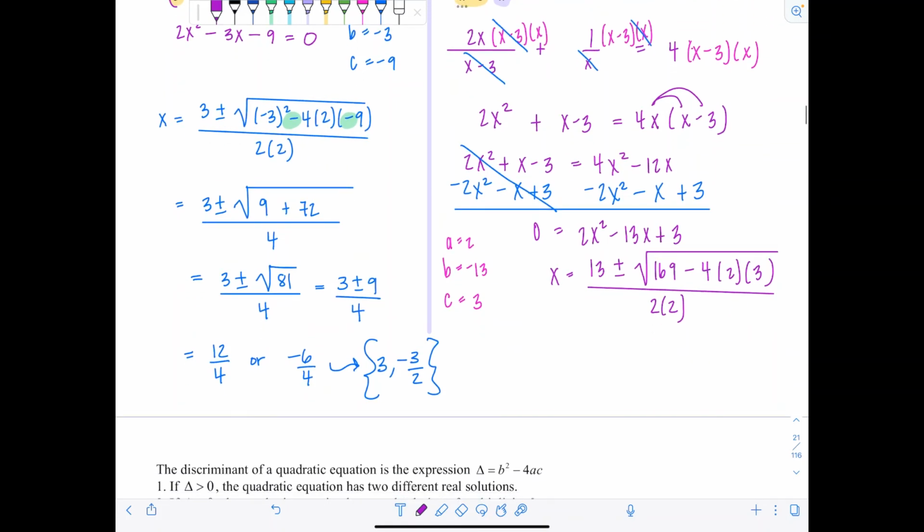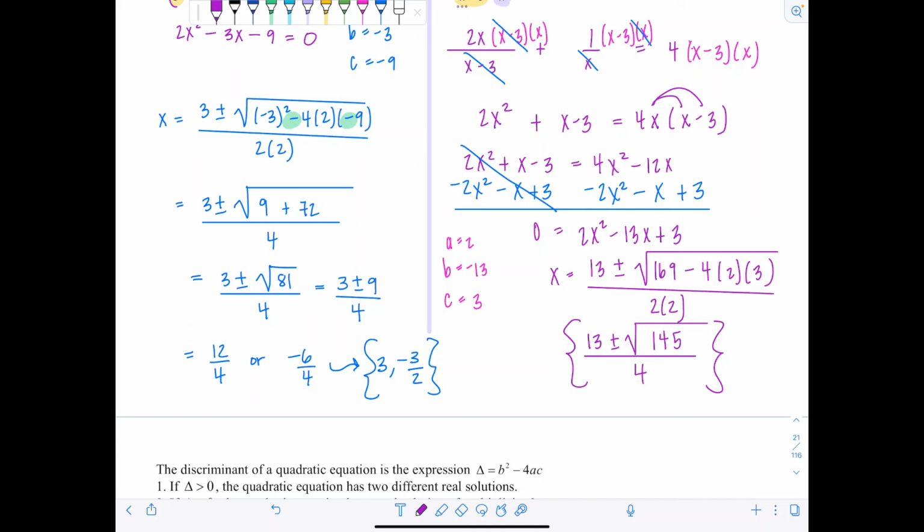So we're going to have x equals 13 plus or minus square root of 169 minus 24, so 145, over 4. And actually, radical 145 doesn't simplify, so we're done. So let me just erase this and then put a nice little solution set on it. Neither of those were our restrictions. Our restrictions were 3 and 0, so we're in the clear.